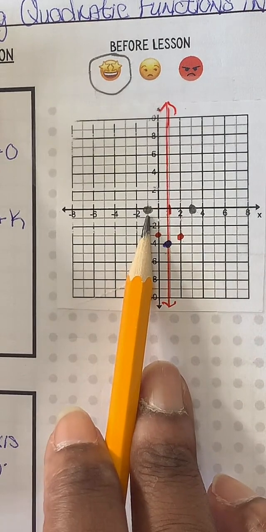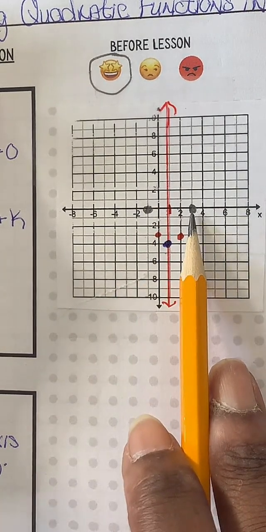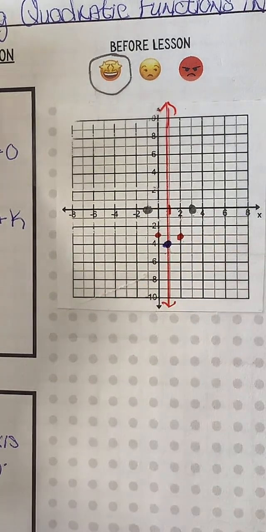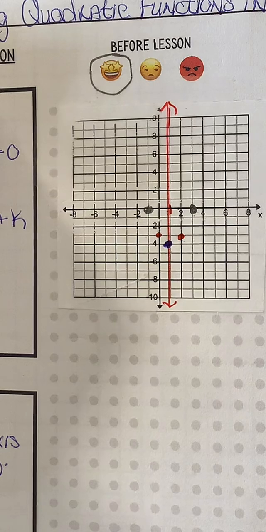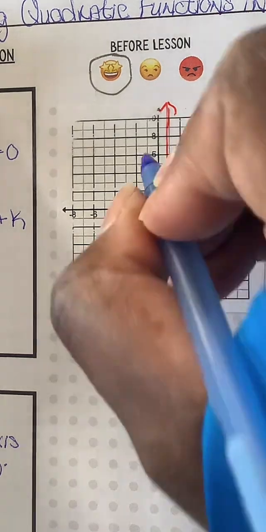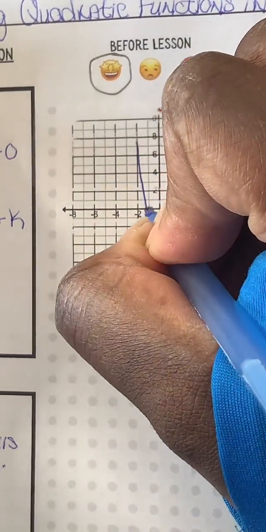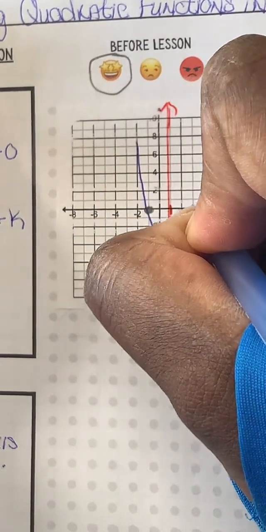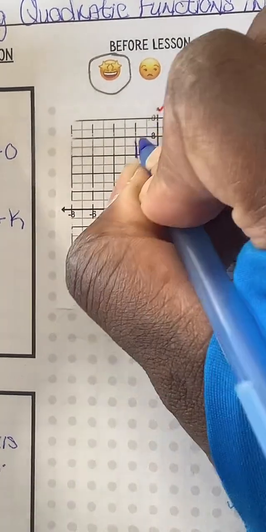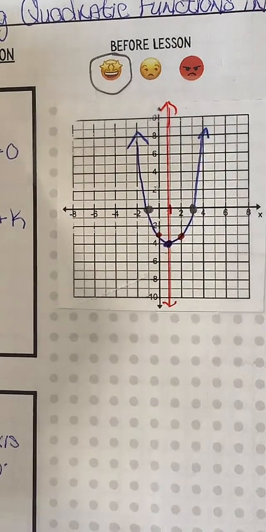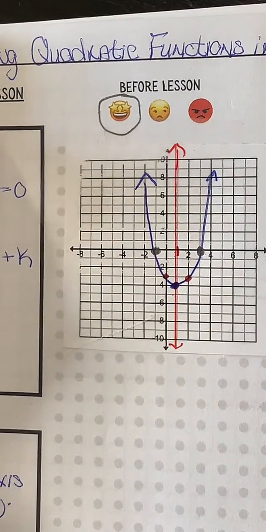So I just used -1. I could have used 3. That's perfectly fine too. And now that you have everything that you need, let's see if I can sketch my graph. Could have made it a little bit longer, but now I can sketch my graph.